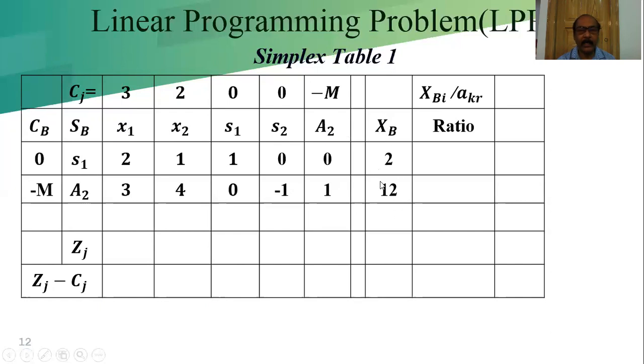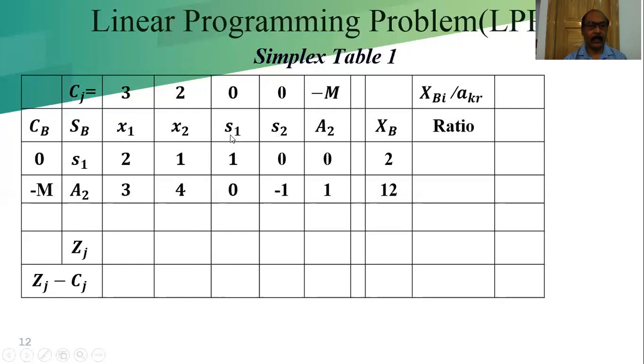XB is the right hand side, 2 and 12, and on the left hand side the coefficient matrix. From the coefficients of the variables we get 2, 1, 1, 0, 0 for the first constraint, and for the second constraint 3, 4, 0, minus 1, which is the coefficient of s2, and 1, the coefficient of a2.